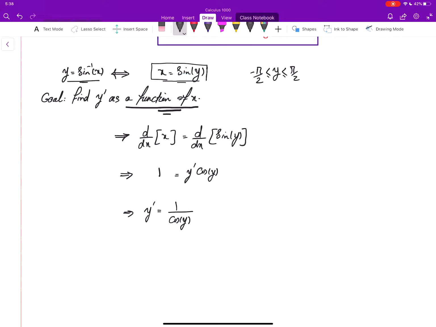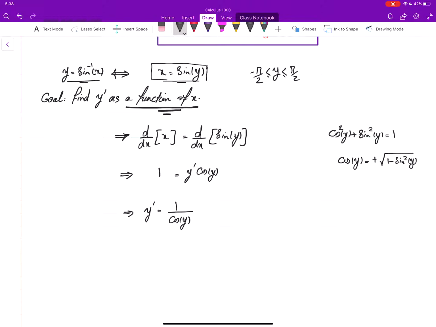And here we have cosine y. There's a good relation between cosine y and sine y. Remember that identity. And this tells me that cosine y is square root of 1 minus sine squared of y.